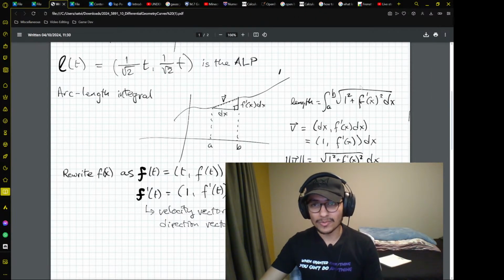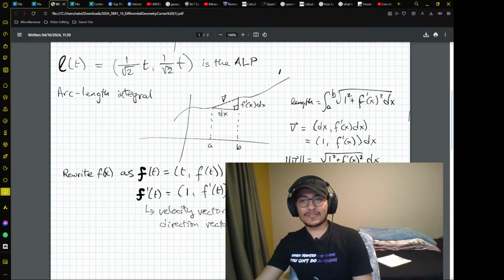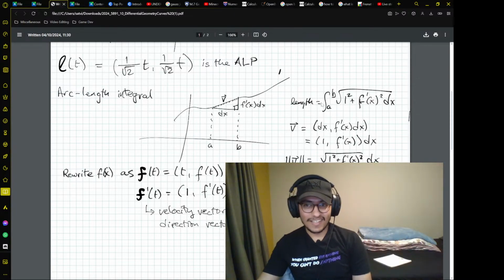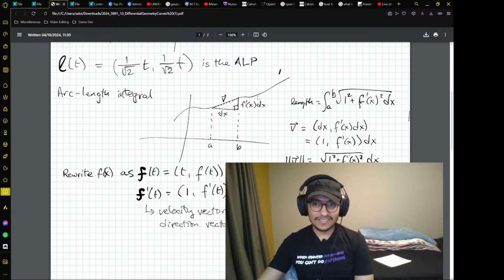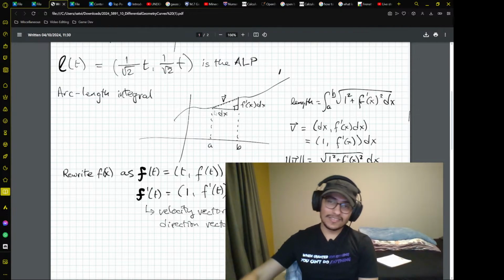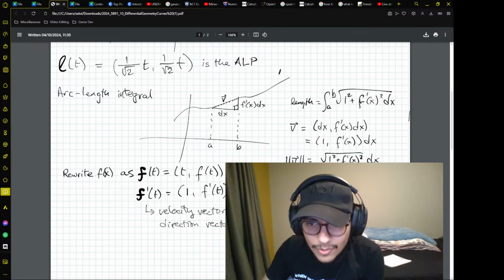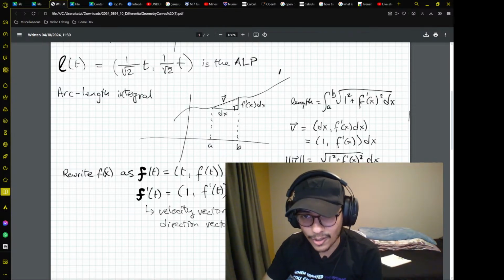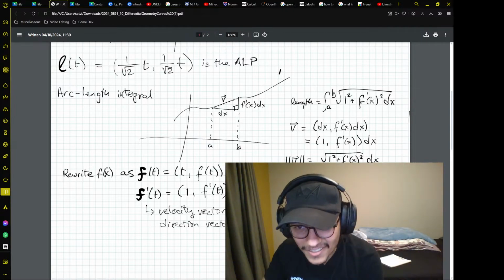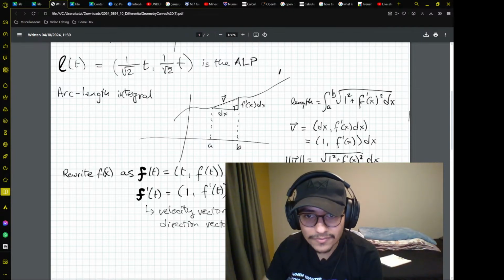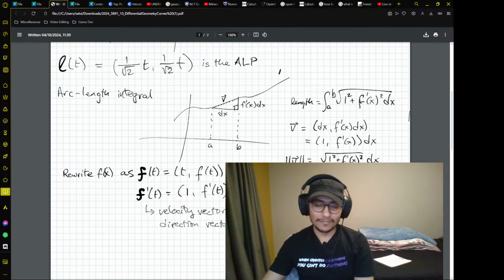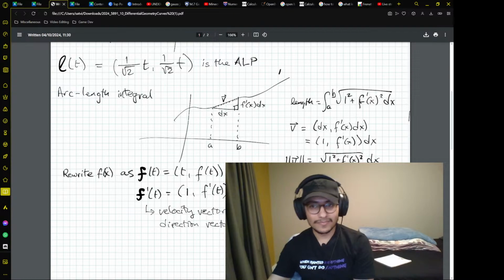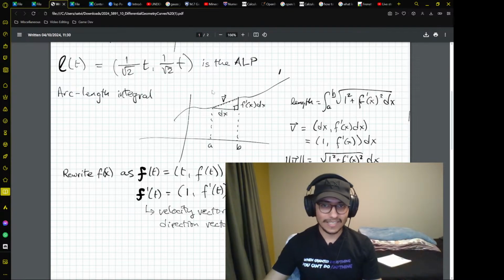Root over this, we get this function, and this is the length. We take the norm, we get this, and this is basically the speed, and we integrate the speed and we basically get the length.